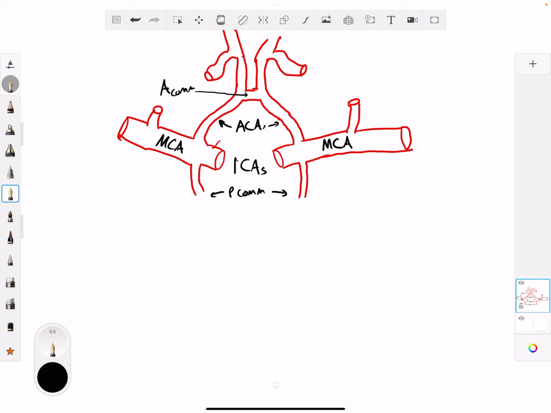And then we've got our superficial branch. This will, of course, hit more of the medial and superior aspects of the frontal and parietal lobes. And then we have our medial striate.